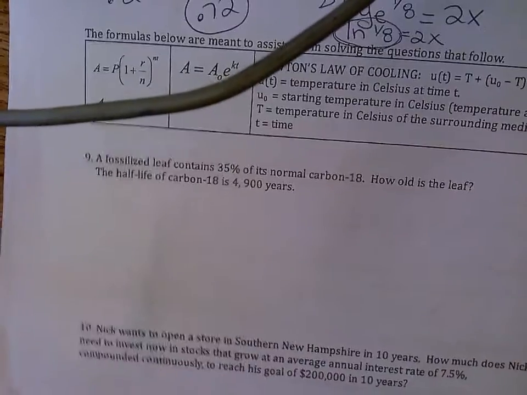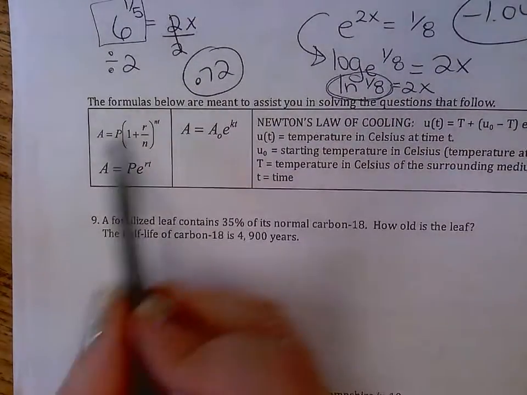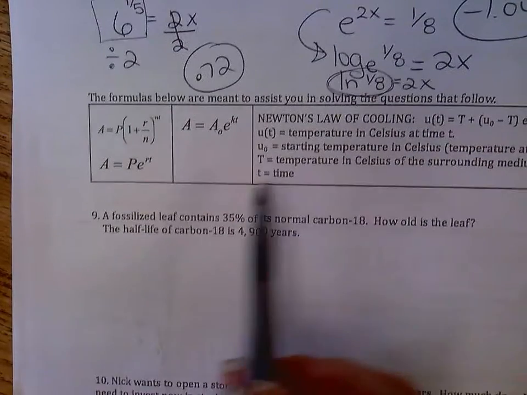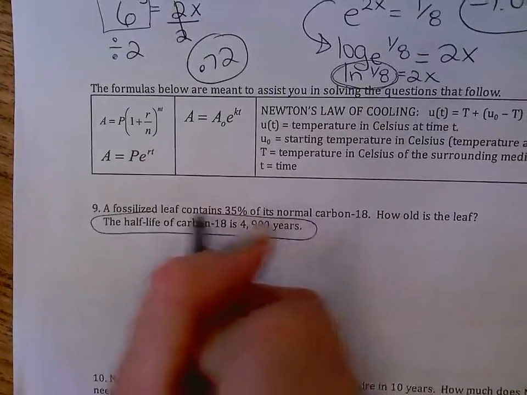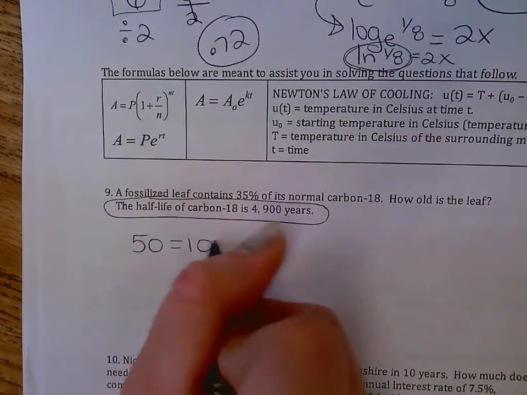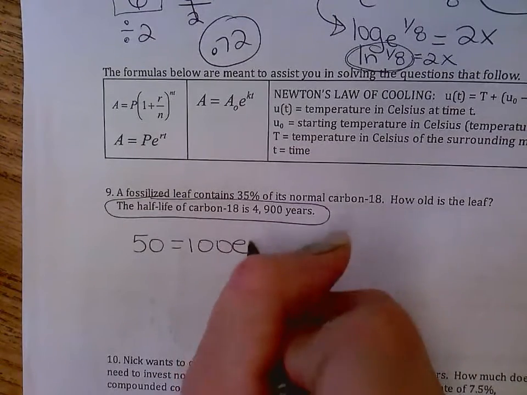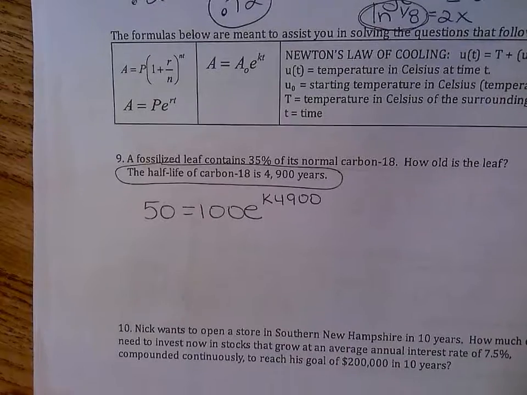Okay, a couple application problems, and I'm going to give you all of these formulas, and Newton's law would be a bonus. So I've got a half-life problem. I need to calculate K before I do anything else. So if I start with 100 grams, I'm left with 50. I don't know K, but I know that my time was 4,900 years.